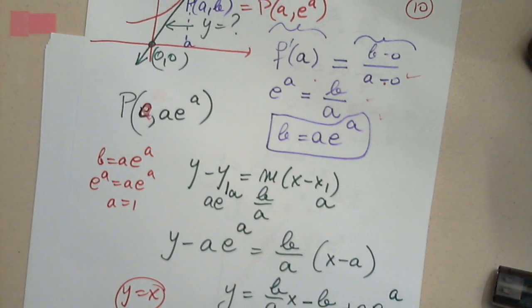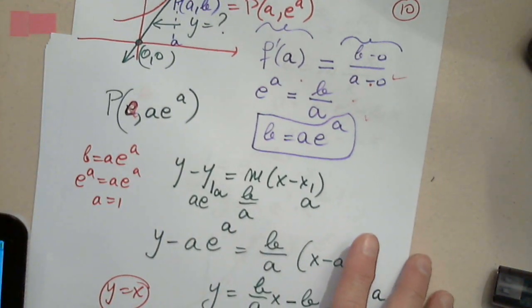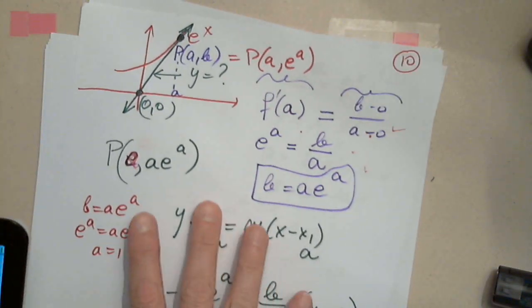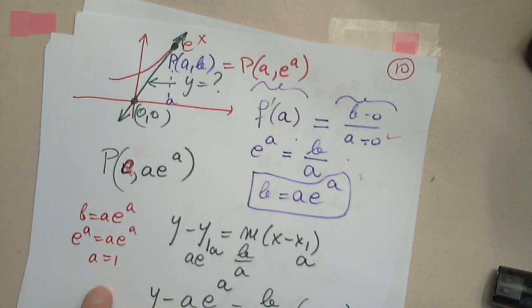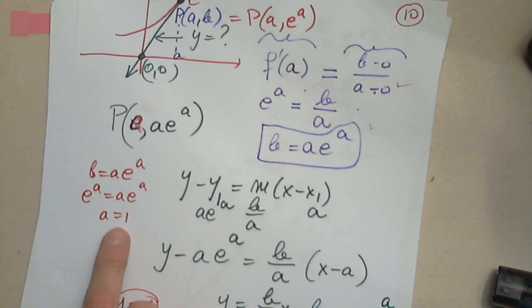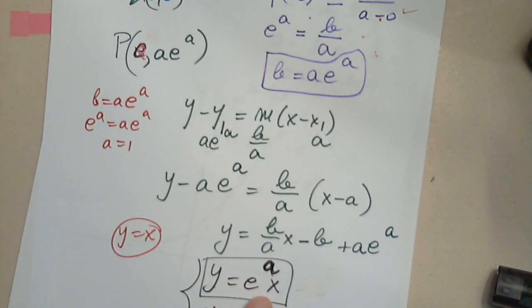So my error was here. What did I do? I did not set these equal to each other to find a. So that was okay. Actually, this was correct, but a is 1. So I should have found a first, and then the answer would have been correct, ex.